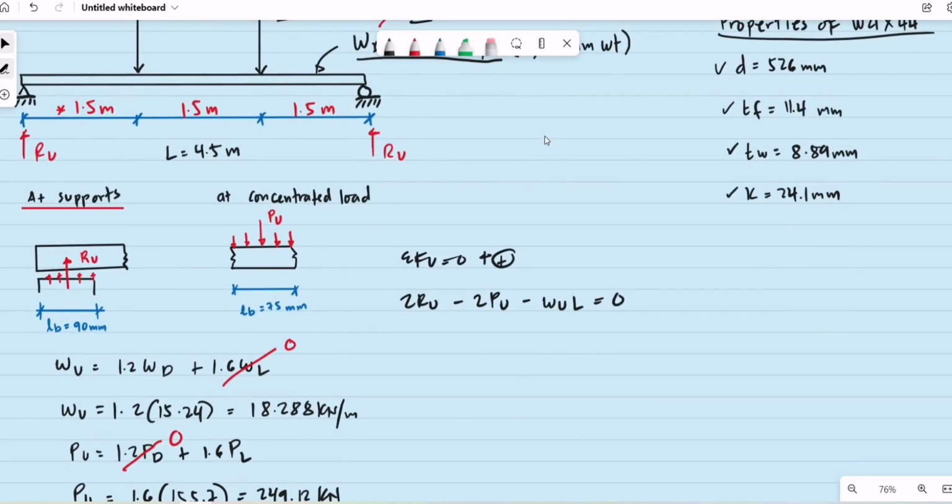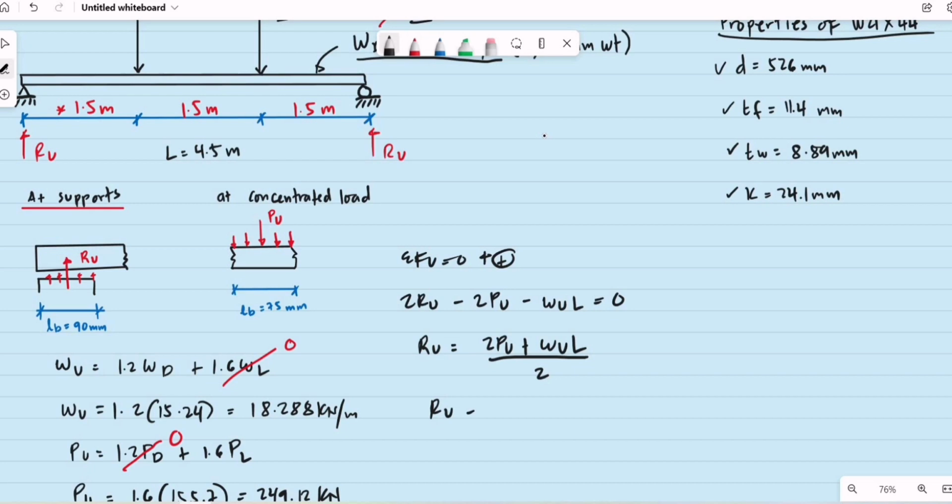So if you are to compute for this reaction, R sub U is now equal to, if you transpose that value, it should be positive. So this is 2P sub U plus the uniform ultimate load times the length, divided by 2.